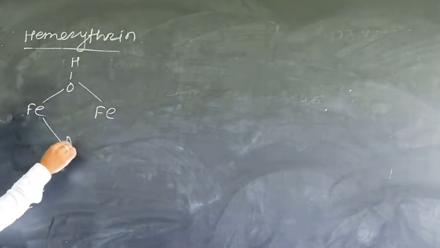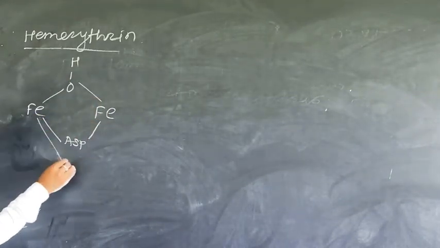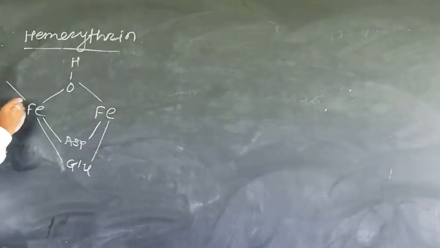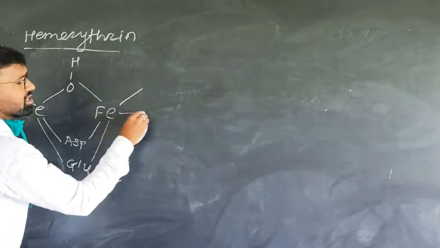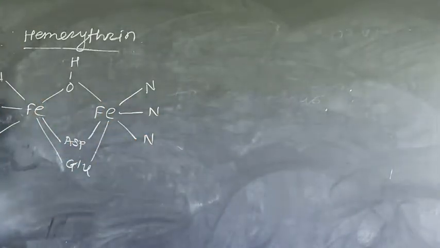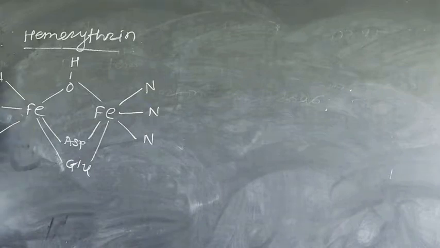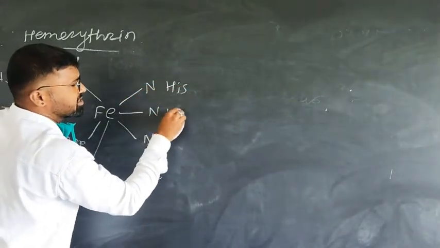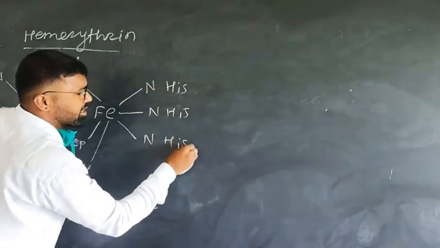At the lower side there are aspartate and glutamate as amino acids. Both the ferrous atoms are linked with the nitrogens of the protein part. These are the nitrogens of histidine, and this is also nitrogen of histidine.